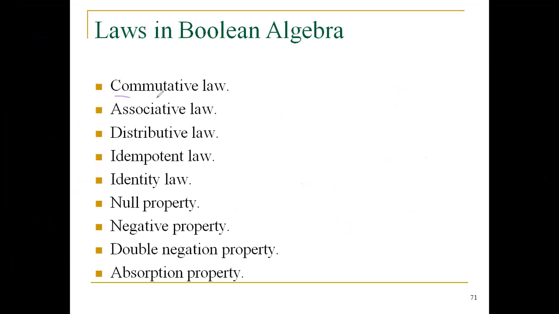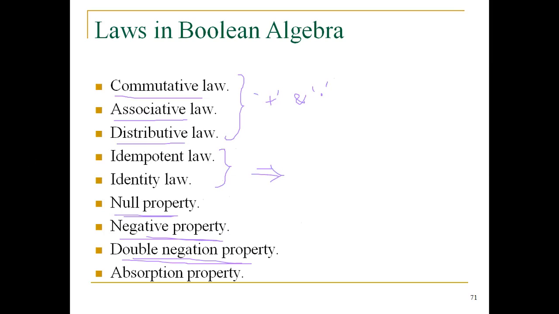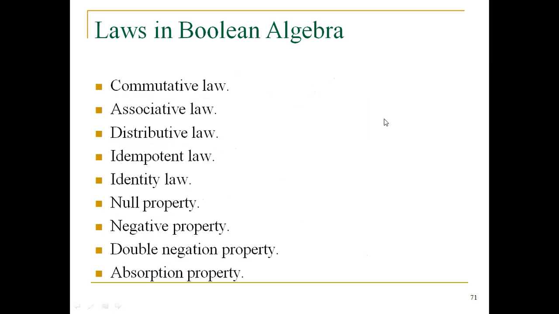The first one is commutative law, associative law, distributive law based upon both operators, plus operator and dot operator. Then idempotent law, identity law is another group. Then null property, negation property, double negation property, then absorption property. We will see one by one in the forthcoming slides.